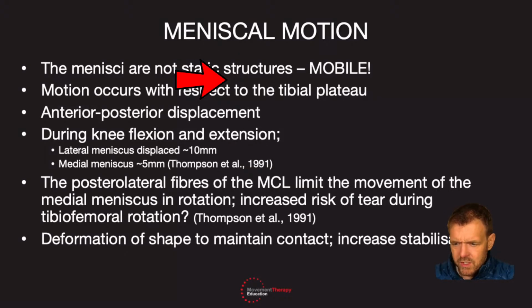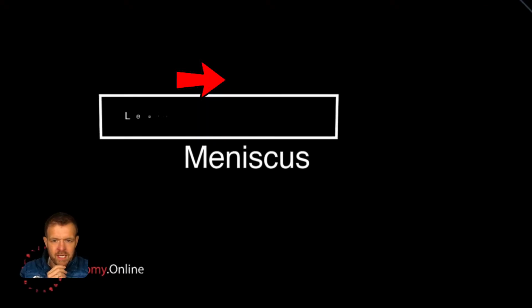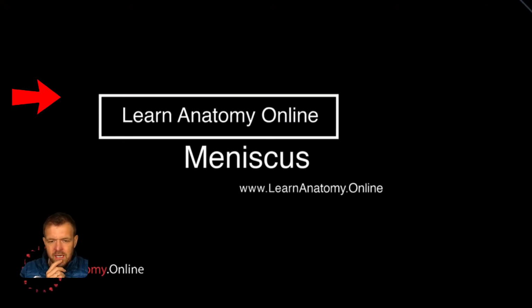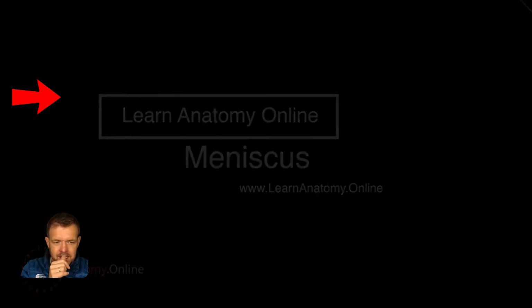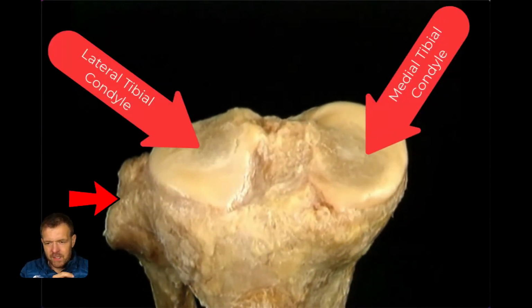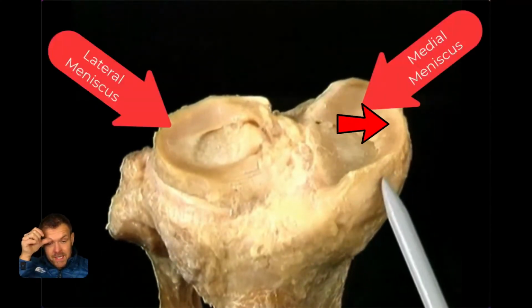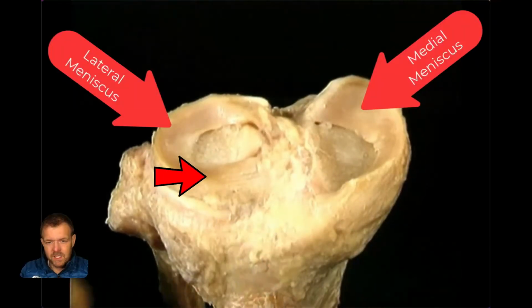And just want to show you this as a quick recap. So this is the meniscus, and there's a good bit on here that shows the mobility. I think it's this one. So these are your condyles of the tibia. There's your fibular head. So this is the lateral condyle, that's the medial, and then here are your menisci.